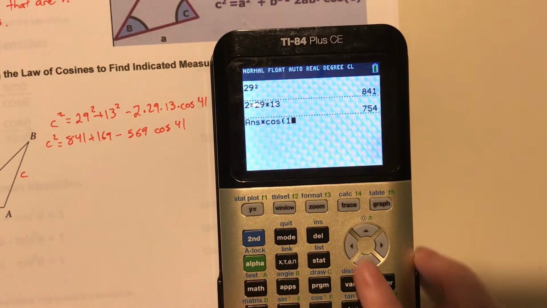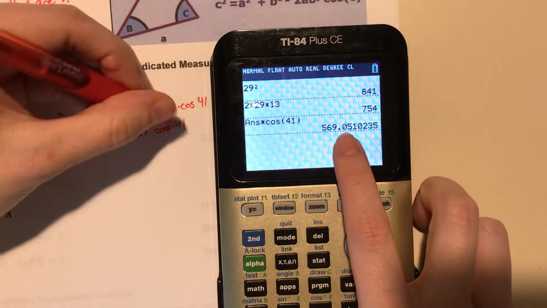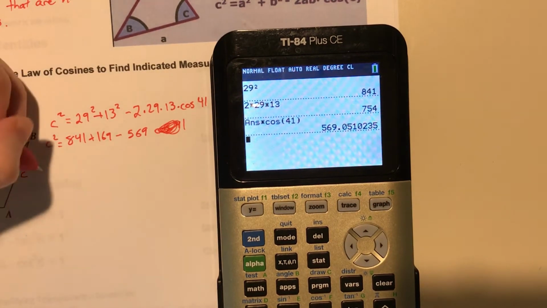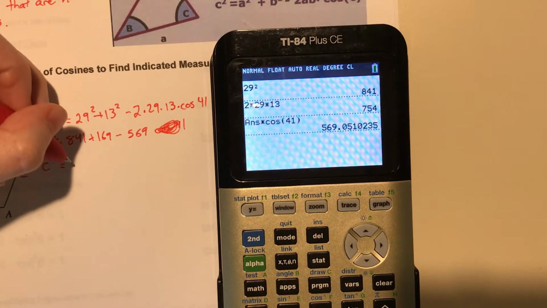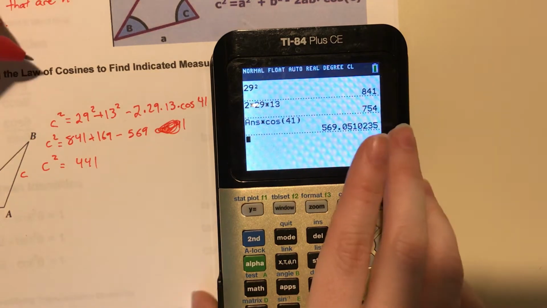Putting that all together, that's 569. Then we combine these together and C squared is equal to 441 if we do 841 plus 169 minus 569.